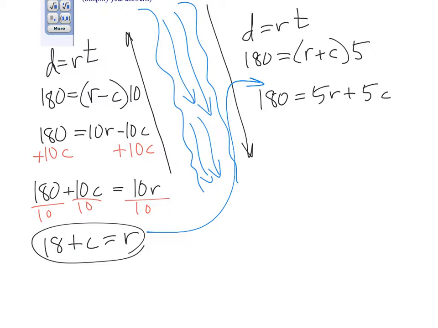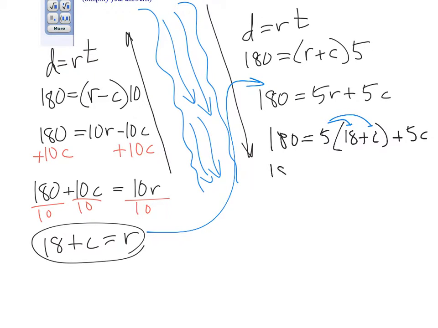So that becomes 180 equals 5 times (18 plus C) plus 5C. We've got a little bit of distributive property here.